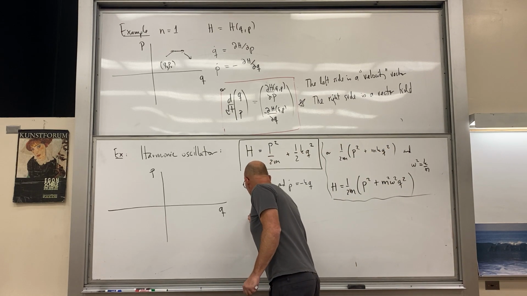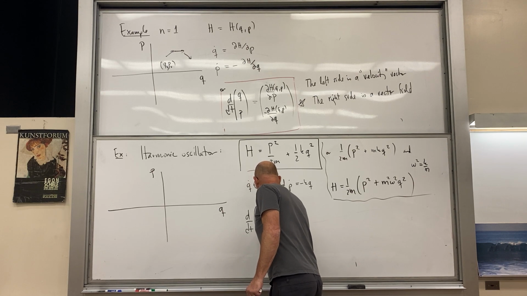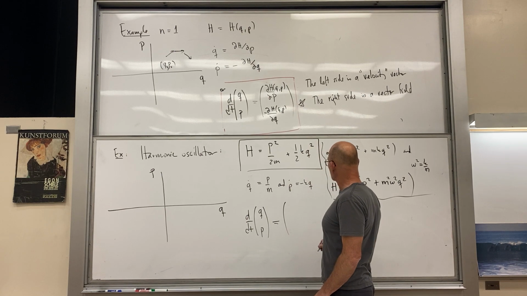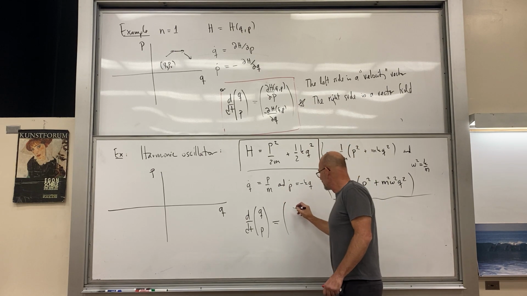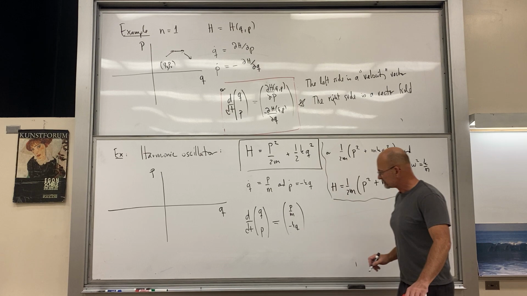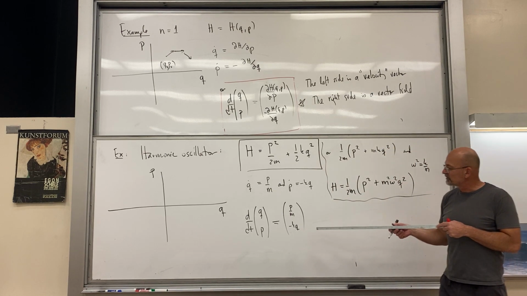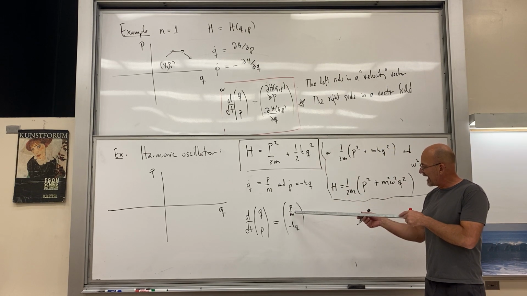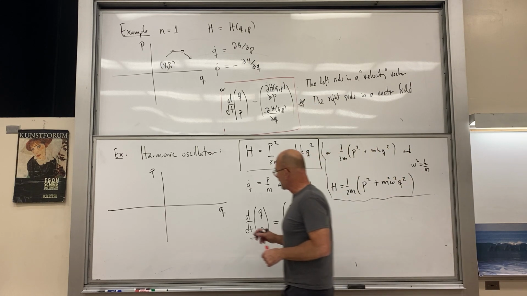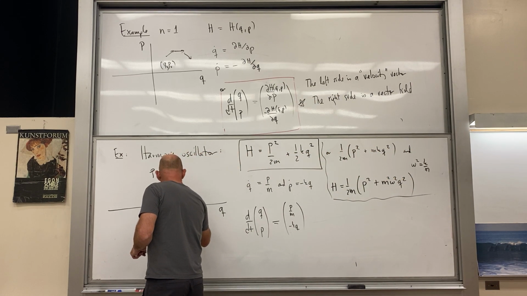And we know that d/dt of Q, P is equal to, the right side of these equations, P over M, minus KQ. We want to construct this vector field. Easiest way is just to let K and M be 1. And we'll just take it at a couple of points here.